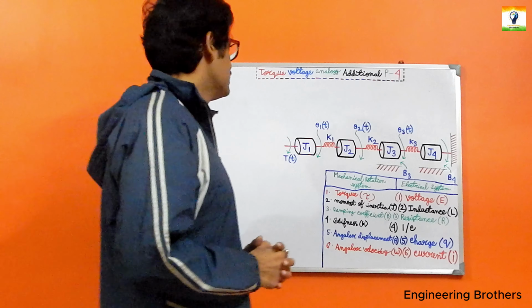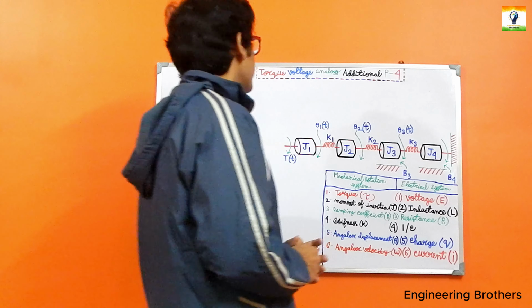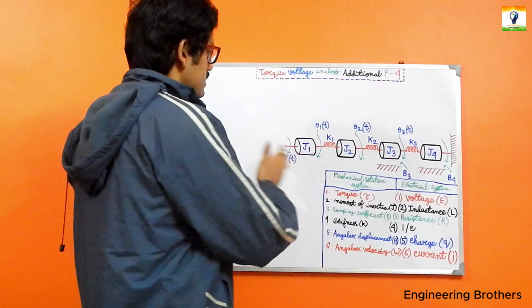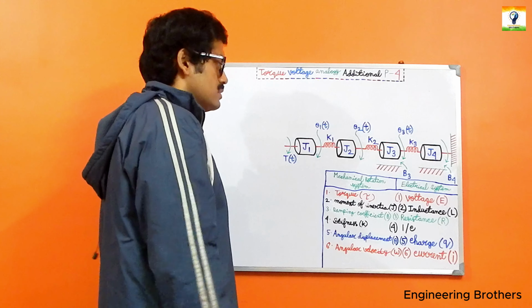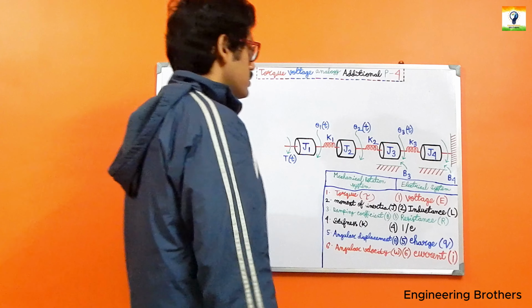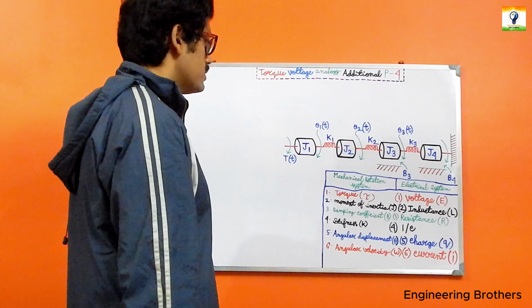And quite naturally, this is our last problem for our torque-voltage analogy additional problems. You can see that we have got a more complex problem in our rotational system over here.